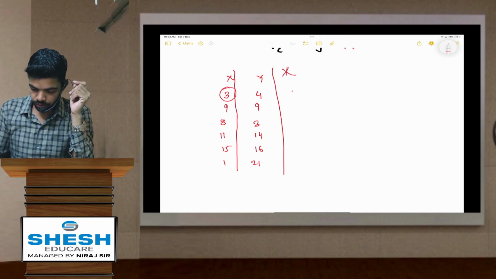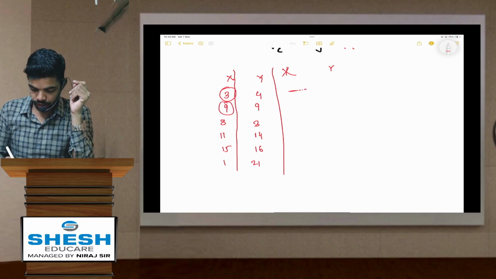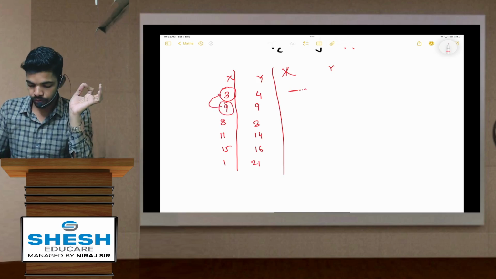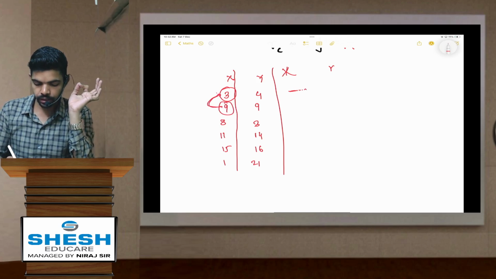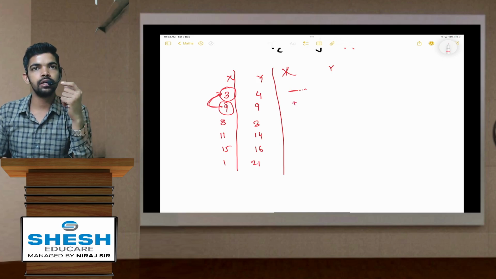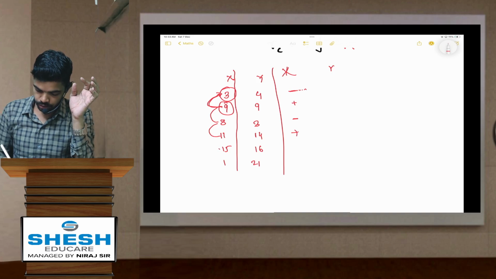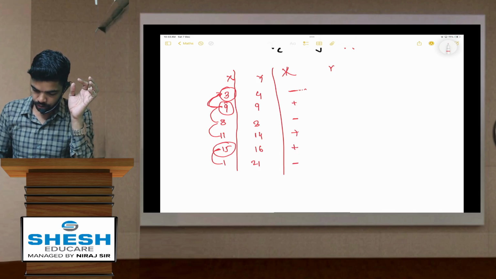So the first one we will keep as it is, no sign here. Now look at 9. Is it greater than 3? Yes. If the number is greater than the previous number, we will put a positive sign, and if it is smaller, then we'll put a negative sign. 8 is less than 9, so minus. 11 is greater, plus. This is also greater than 11, plus. This is less than 15, so minus sign.